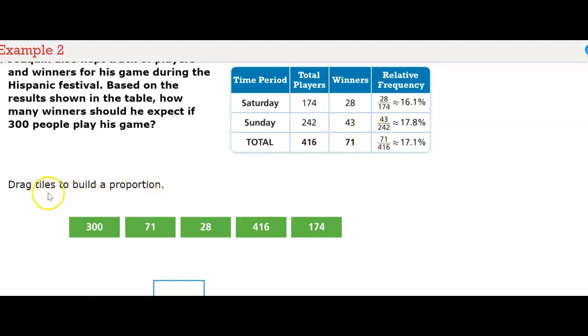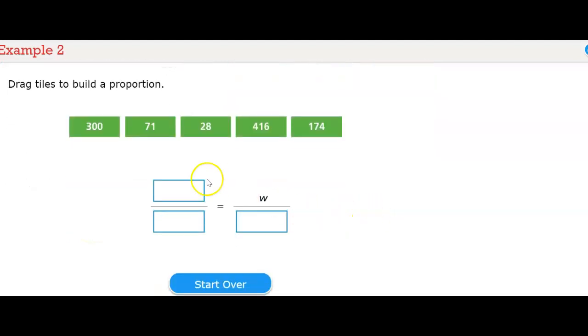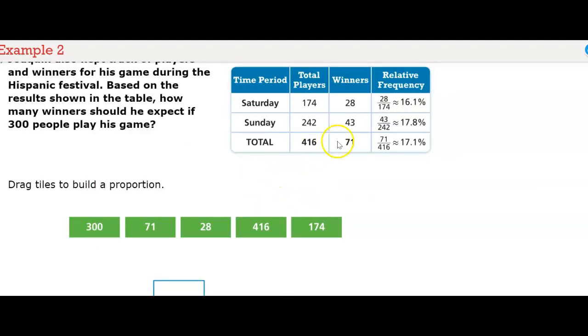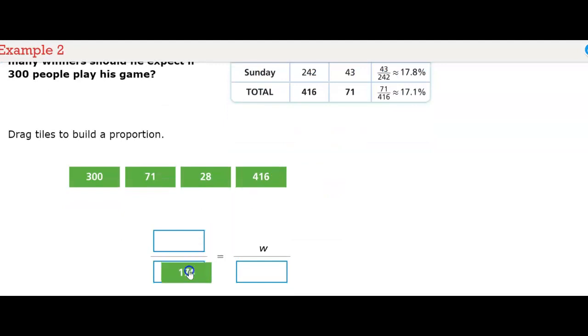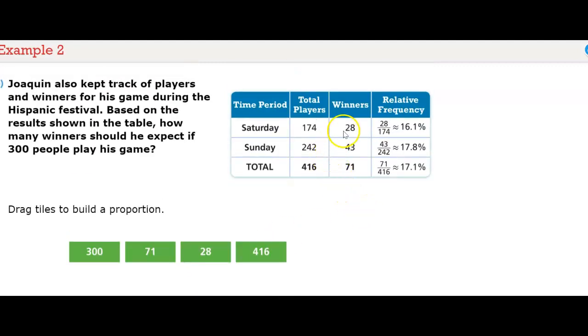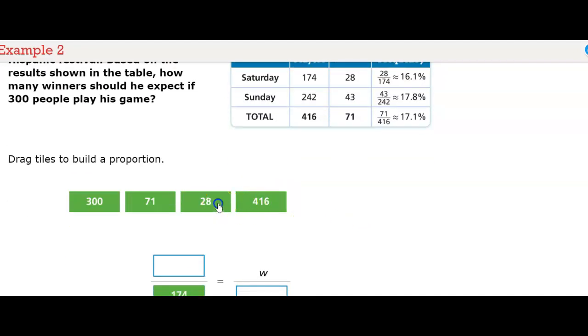It also tells us to drag the tiles to build a proportion. So one proportion we can have is the total number of players on Saturday and the number of winners on Saturday.